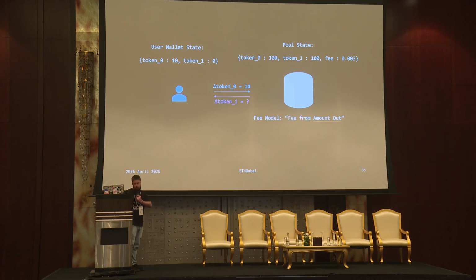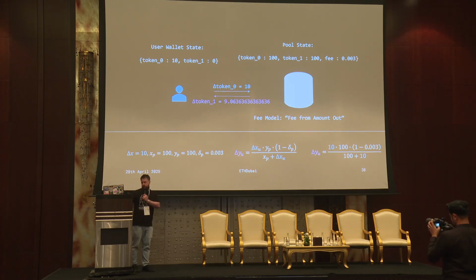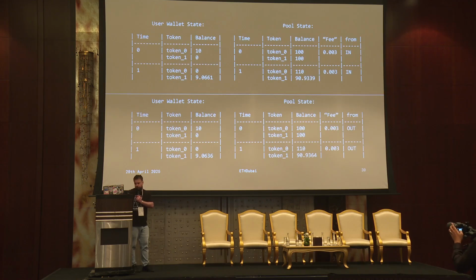Okay, now if we switch from the fee from amount in to fee from amount out, we get a slightly different result. So again, we're doing exactly the same substitutions, but now we're switching models. And what you'll find is that you get a slightly smaller amount in this particular fee model than in the last one.